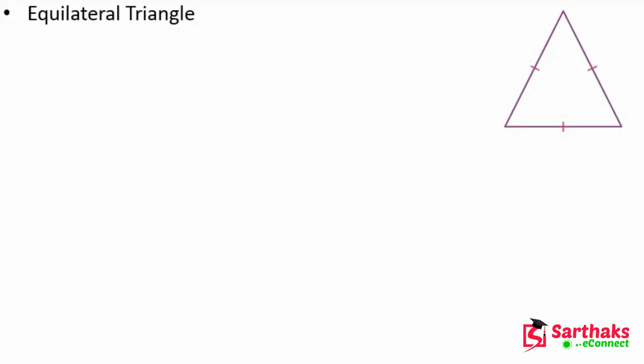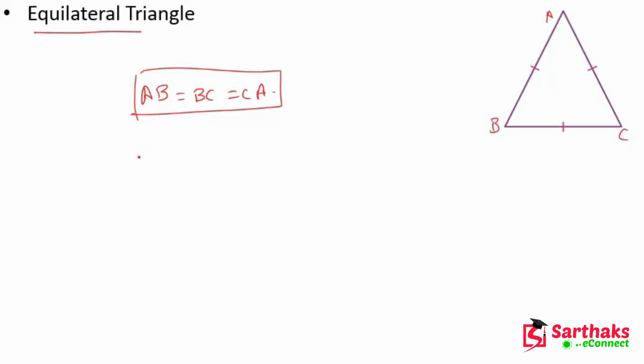Okay, now let's see the third type, which is the equilateral triangle. You know very well what an equilateral triangle is. An equilateral triangle has all three sides equal to each other. Let's suppose this is A, this is B, and this is C. So we can say AB is equal to BC is equal to CA. All these three sides are equal.